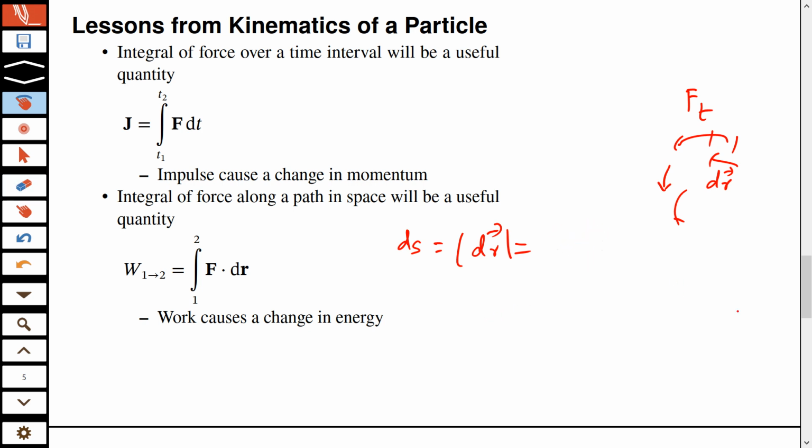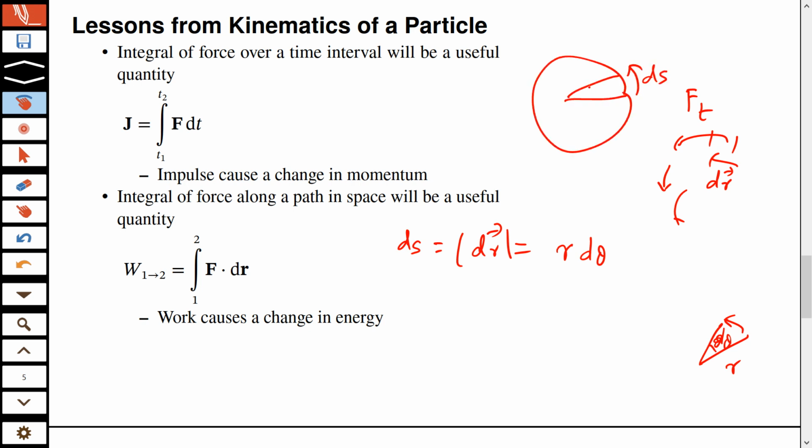You also know from radians that this distance is r theta. So I can simply write this as r d theta. We discussed this last time, that if you have a motion in a circle, this distance ds can be seen as this d theta times some radius. So radius times d theta.